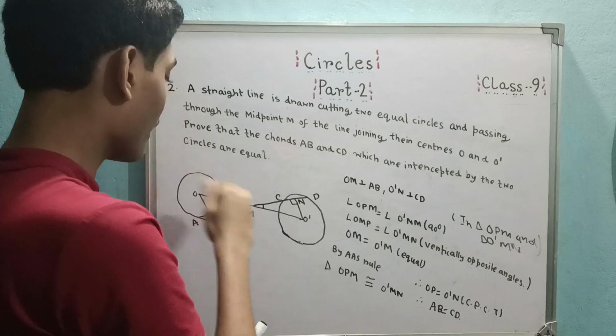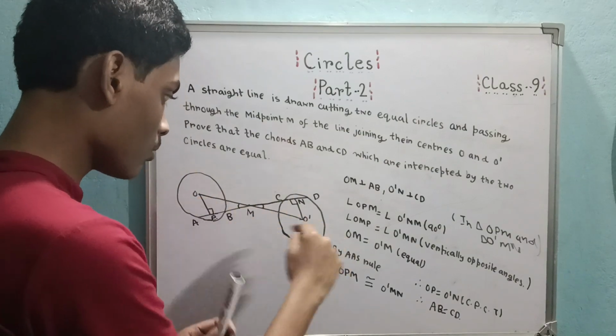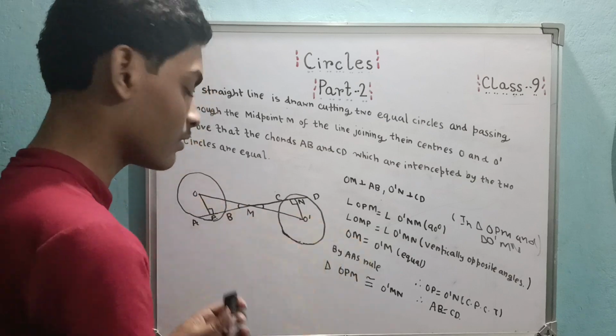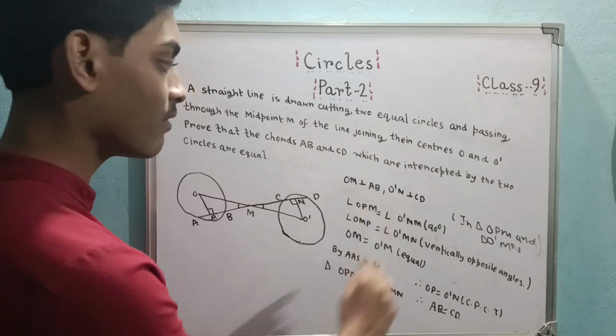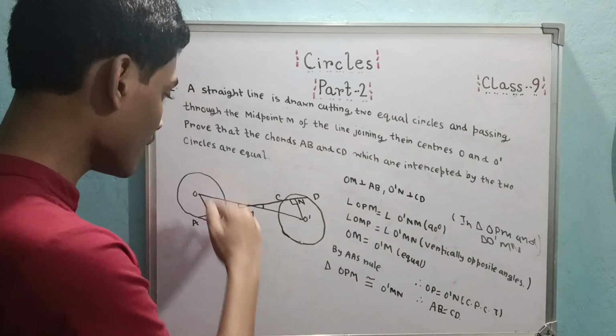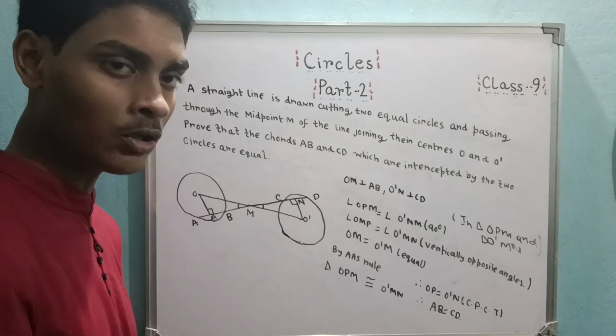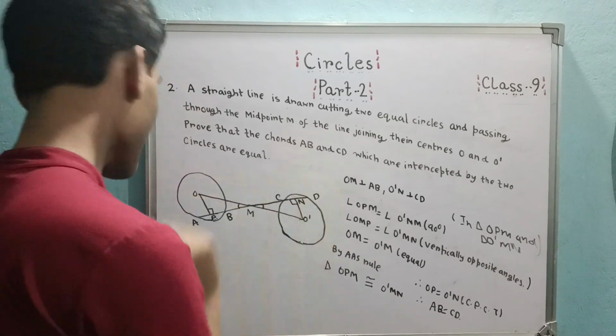We proved vertically opposite angles. We proved that these two sides OM and O dash M are equal because the midpoint is bisecting them. Then angle side rule, you prove that the triangles are congruent, because the remaining sides of those two triangles are also equal. So OP equals O dash N.